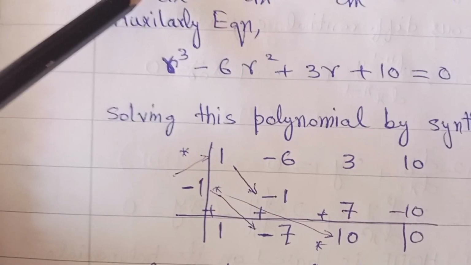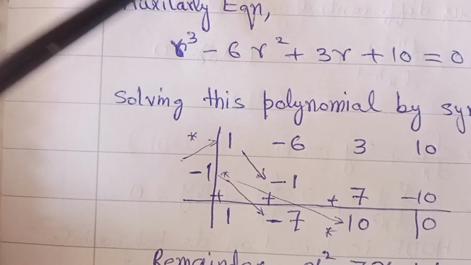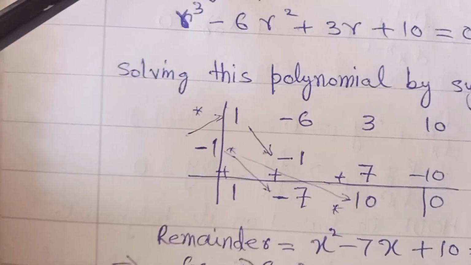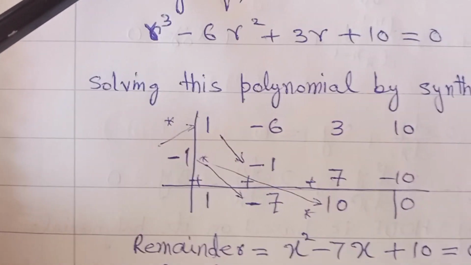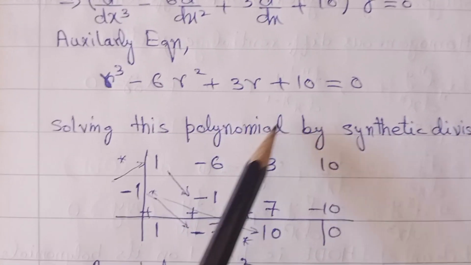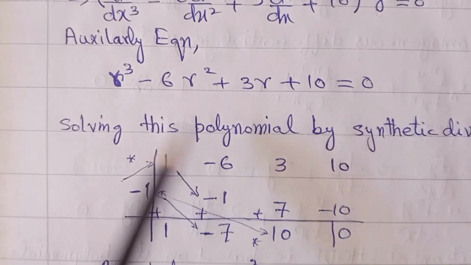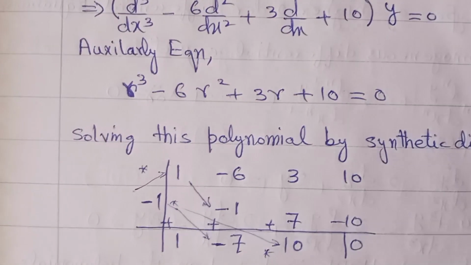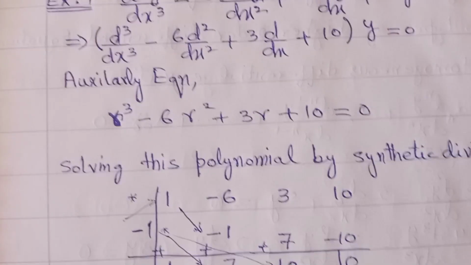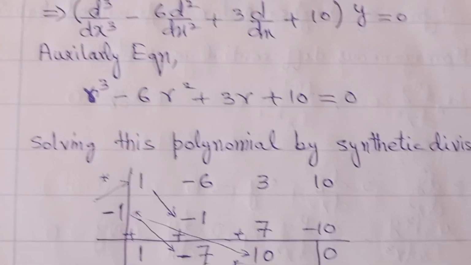For instance, d upon dx, we are substituting here r, so that the equation becomes r cube minus 6r square plus 3r plus 10 is equal to 0. Now this is the third degree polynomial. Here you can find the roots of this third degree polynomial by using any suitable techniques.